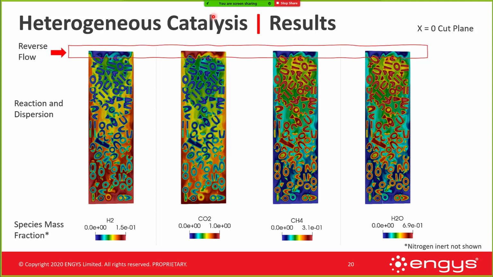So there's reaction and dispersion. We can see that this consumption spreads out. We see this cone right here of hydrogen. We can see this cone right here of product formation. And so we see some very interesting phenomena that's happening inside of this.